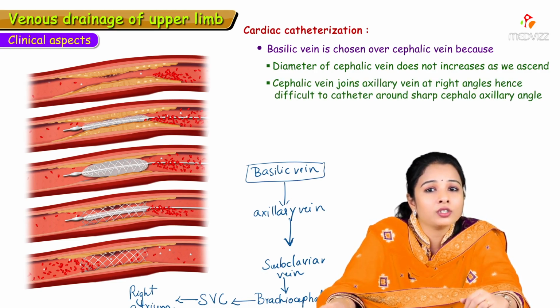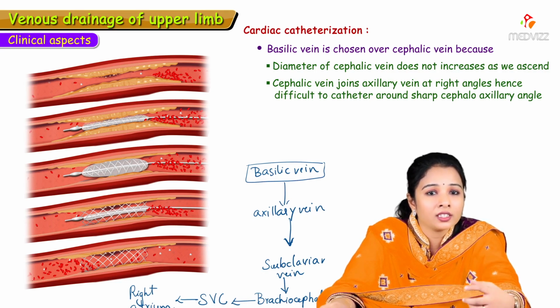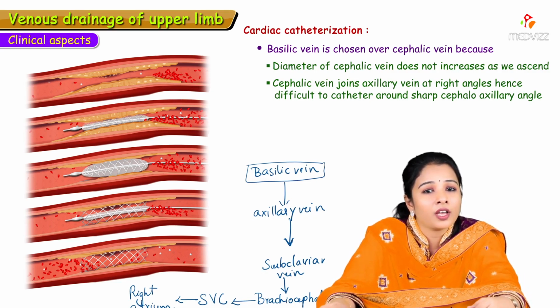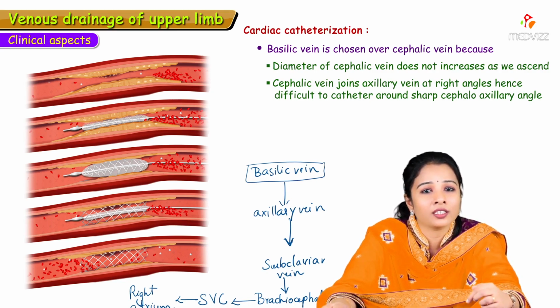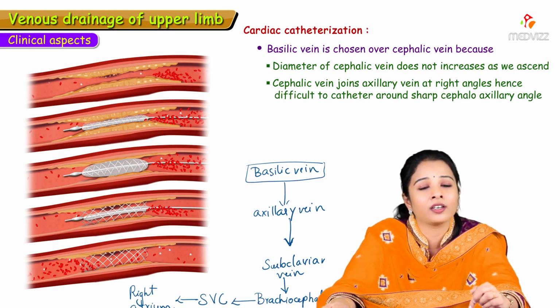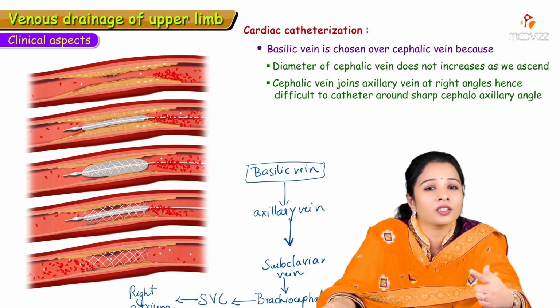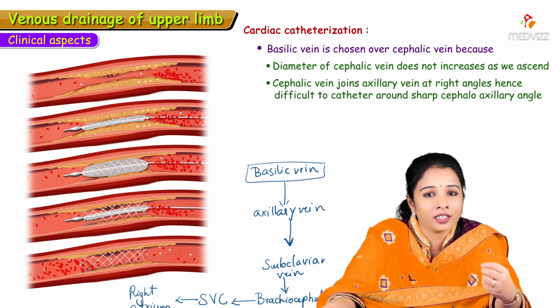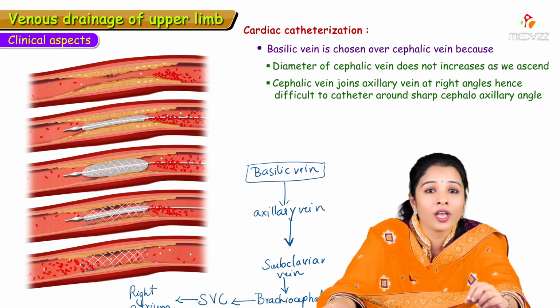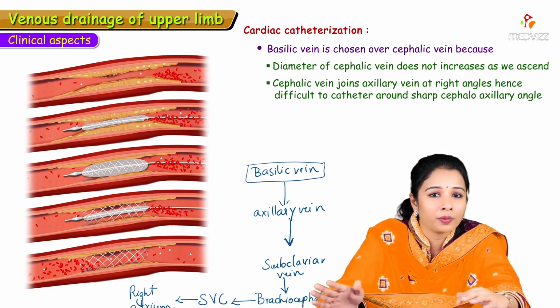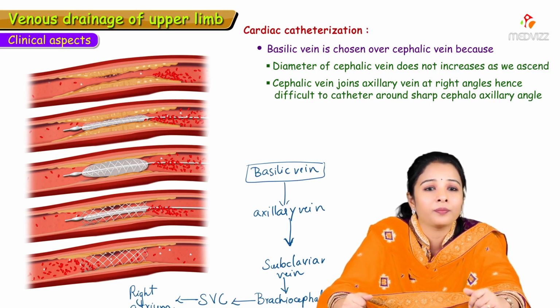Hence, it is difficult to maneuver the catheter around the sharp cephaloaxillary angle. At the point where it terminates into the axillary vein, it is almost at right angles. So it is difficult to ascend the catheter at that particular point. That is called the sharp cephaloaxillary angle.